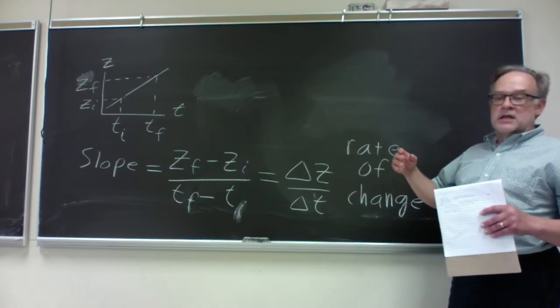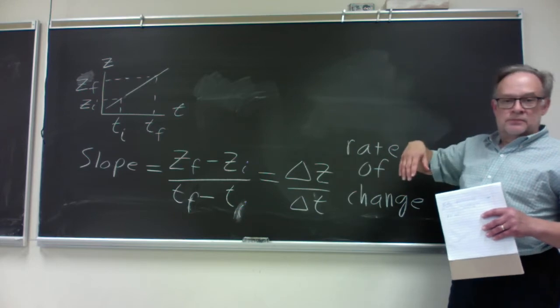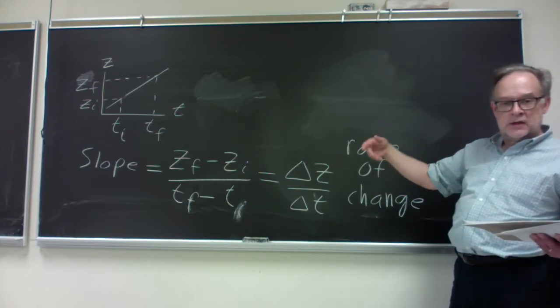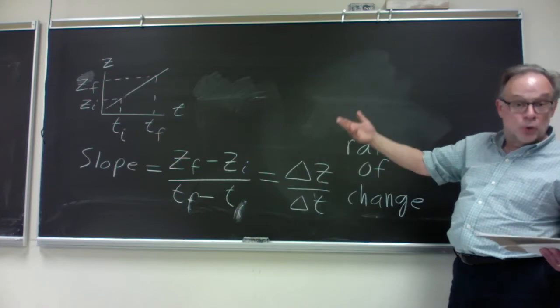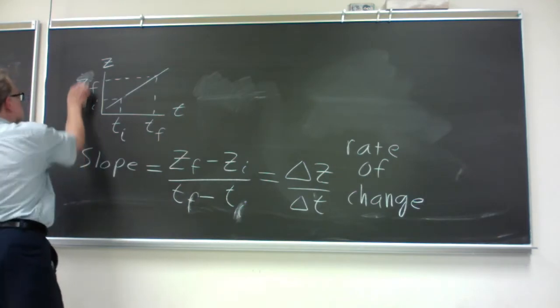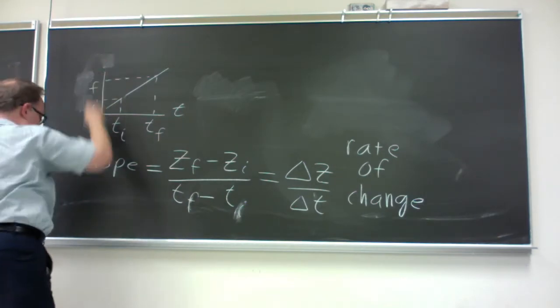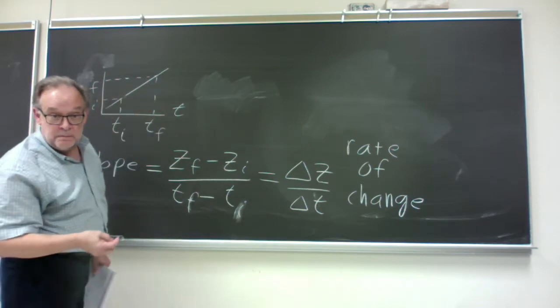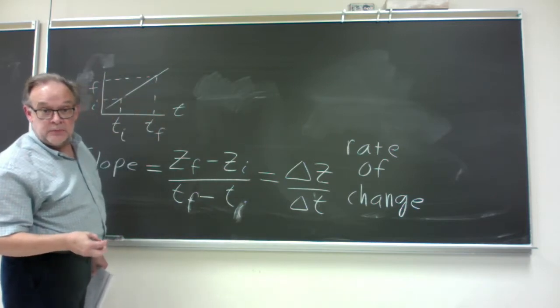Now, instead of just thinking about some variable that could be anything, calling it z, let's specifically imagine that that variable is location. So instead of z, we'll now call it x, our usual variable name for location.